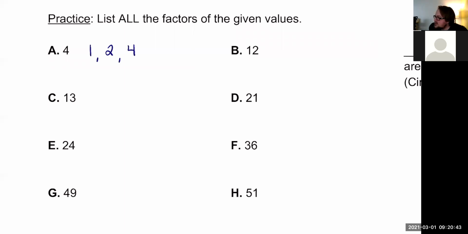Now, how do we know we can't look for any larger values than 4, the number itself? If you think about it, if you divide a number by any other value larger than itself, you're always going to get a fraction. Because 4 divided by 5, 4 divided by 6, divided by 7, divided by 8.